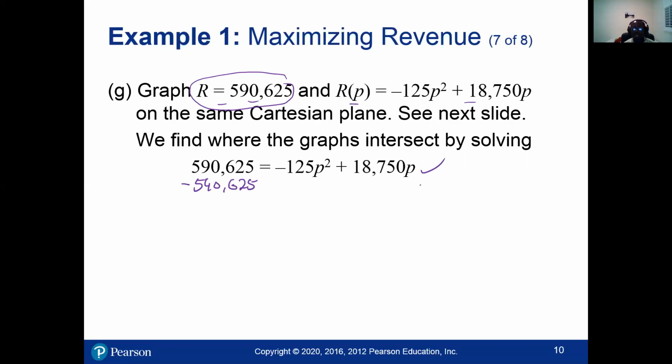That gives us 0 equal to minus 125 p squared plus 18,750 p minus 596,625. Okay, if you multiply through by negative 125, what do we get? Okay, let's see. We have that.